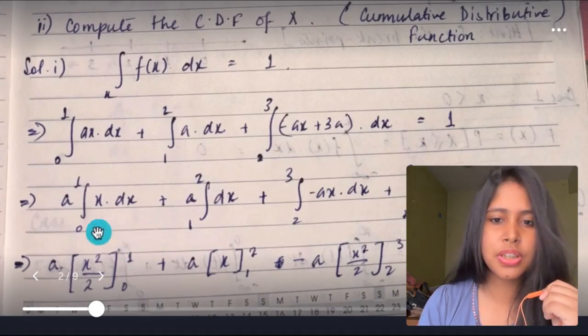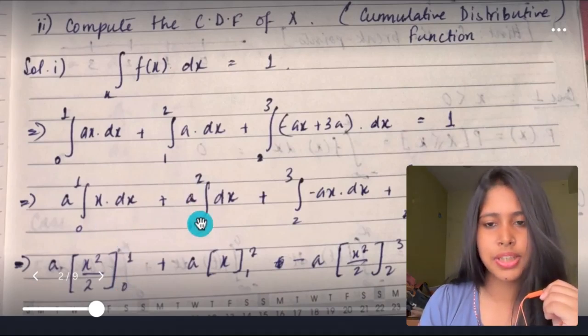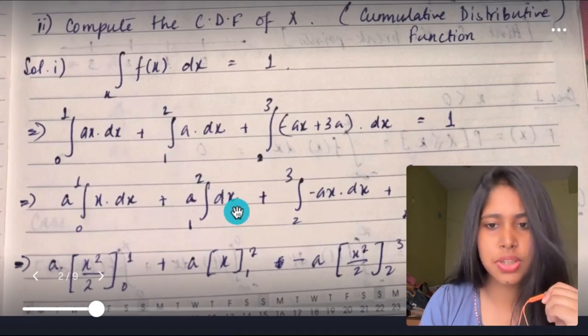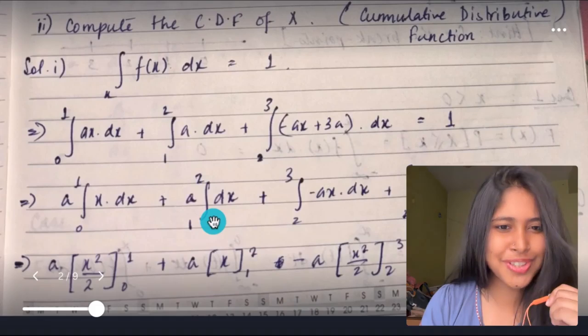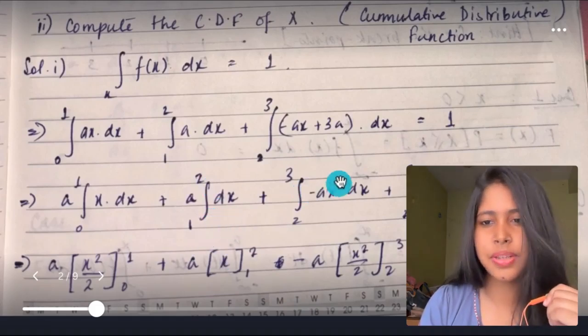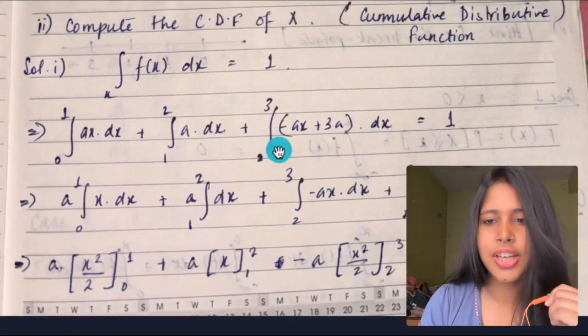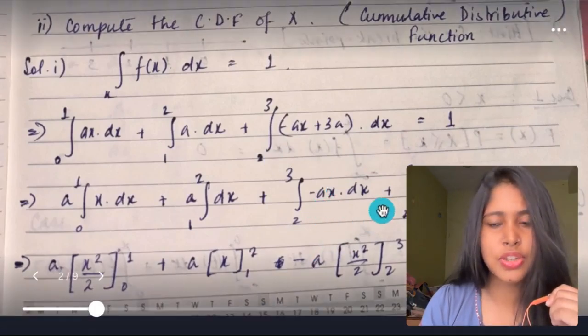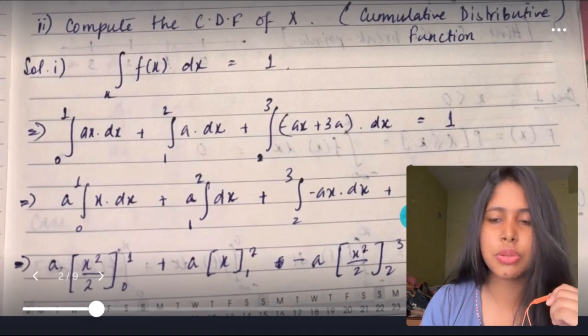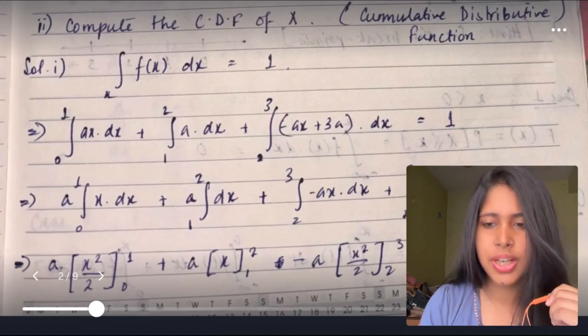And what is the limit here? 0 to 1. Plus, we are taking the constant a out again, so integration of dx. What is integration of dx? It will be x, and the limit is from 1 to 2. Next part, we are breaking the integration: integration of minus ax dx, limit 2 to 3, plus integration of 3a dx, limit 2 to 3, equals 1.